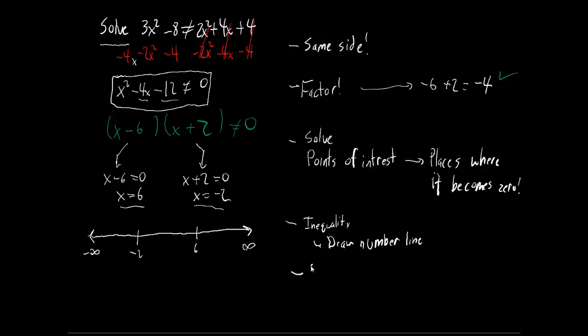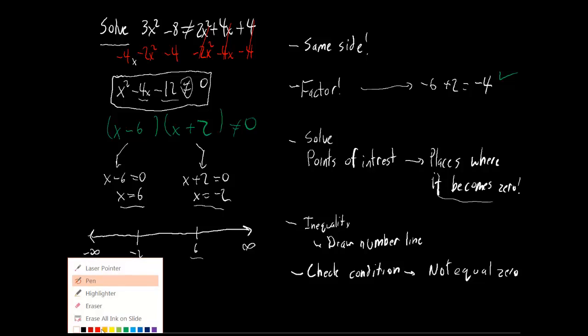The next thing we should do is check what condition we're trying to satisfy with our inequality. So in our original equation here, the condition that was given right here is that it cannot equal 0. That means our points of interest were where it became 0, so that means neither one of our points of interest here, the negative 2 or the 6, can be part of the solution.